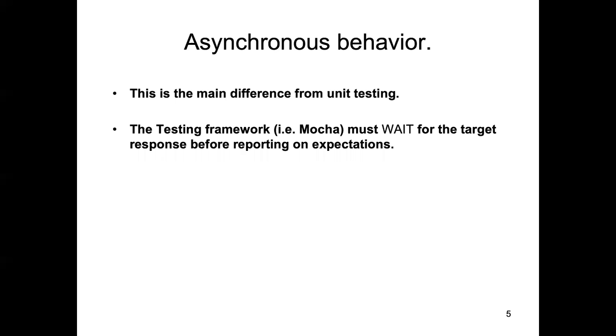The target, which is the web API, is not going to respond back to our requests immediately. It's going to respond sometime in the future because it's coming across a network. Therefore, we just need to be aware of that, and hopefully the tool set that we will use will account for that. I'll explain what I mean by that in a moment.